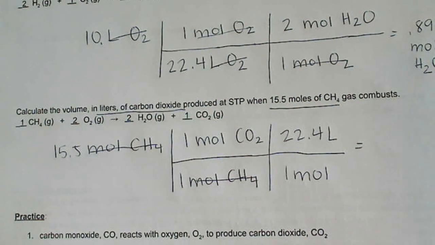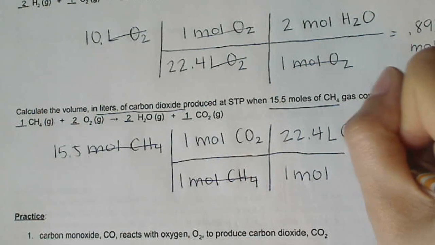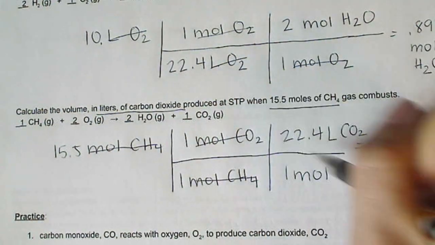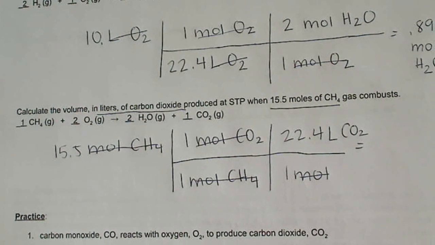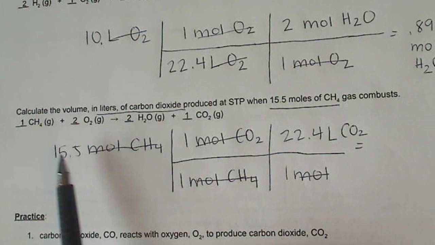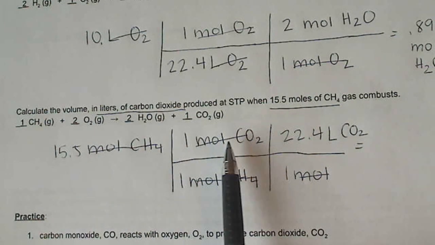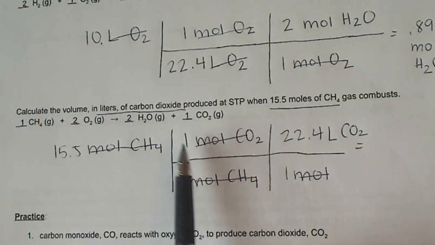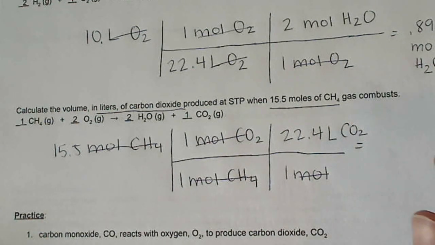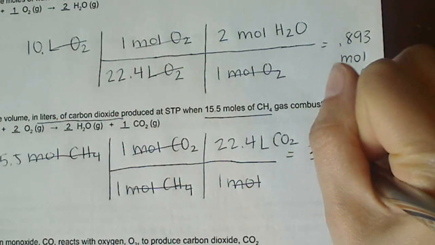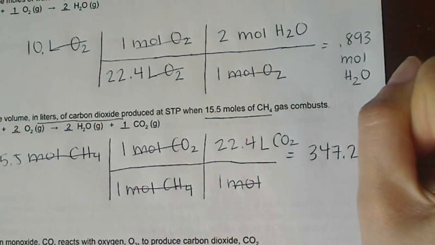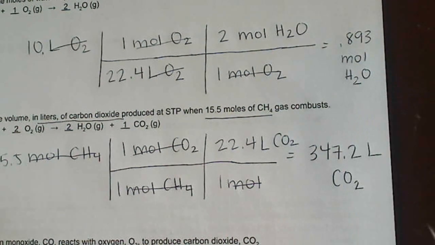This is going to get me liters of carbon dioxide. My moles are going to cancel and I'm left with liters. Essentially you would do 15.5 times 22.4 because everything else is 1, and you would get 347.2 liters of carbon dioxide.